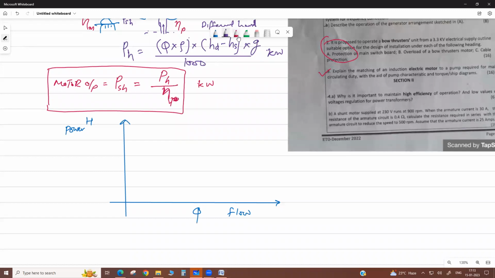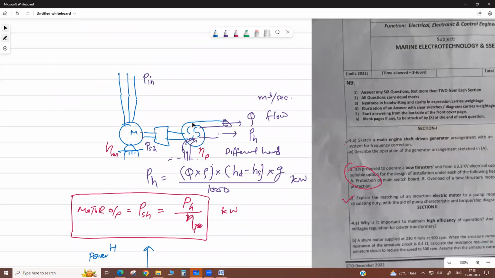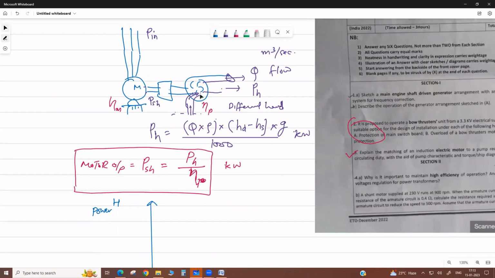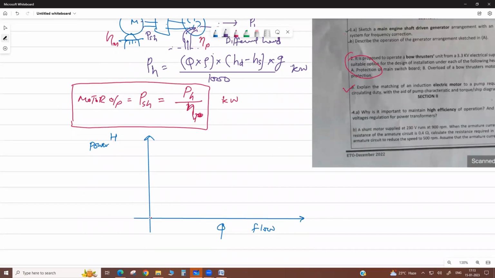So actually the system curve comes like this due to your piping. And there is one dynamic head; when water flows through this pipe, it develops friction due to head loss. So the static and dynamic curves give a combined curve. It is like this. This is called a system curve.